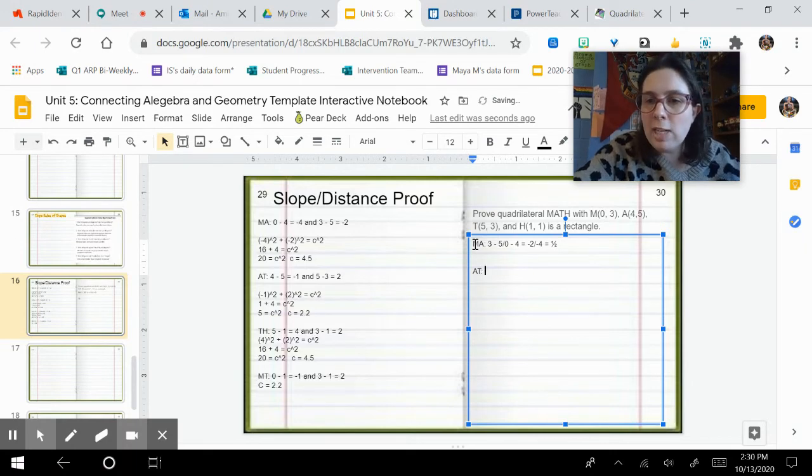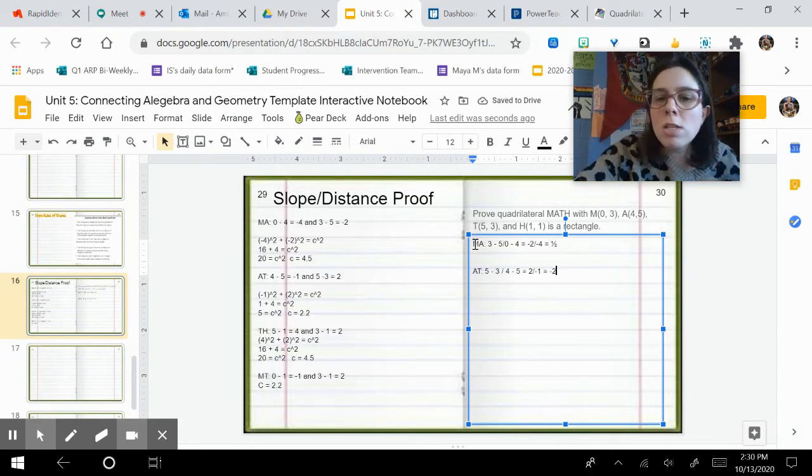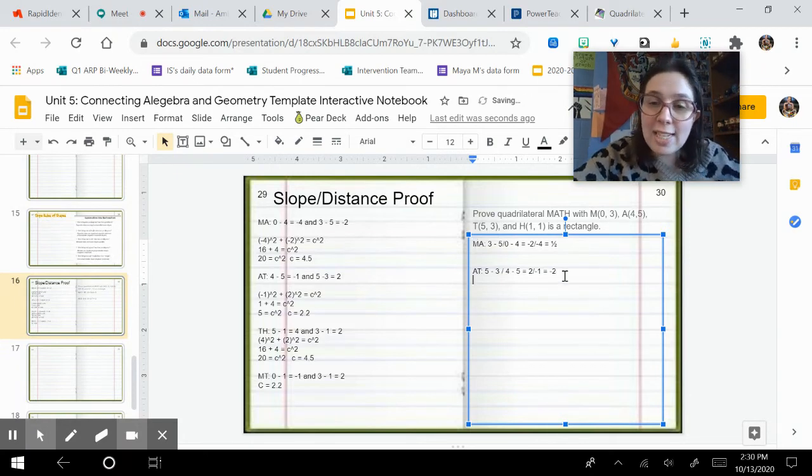Again, y minus y, so 5 minus 3 divided by 4 minus 5, which equals 2 divided by negative 1, which means it is negative 2. Remember, if it's a negative, the whole fraction is going to be negative. So that is AT, and 1/2 and negative 2 are opposite reciprocals, so at least that connection is 90 degrees.